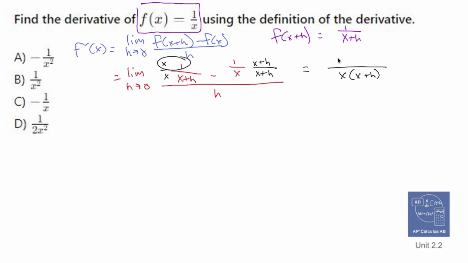You become x, you get distributed, but it's a minus sign. Oh, be careful. So it's minus x minus h, that was a close one, all over h.